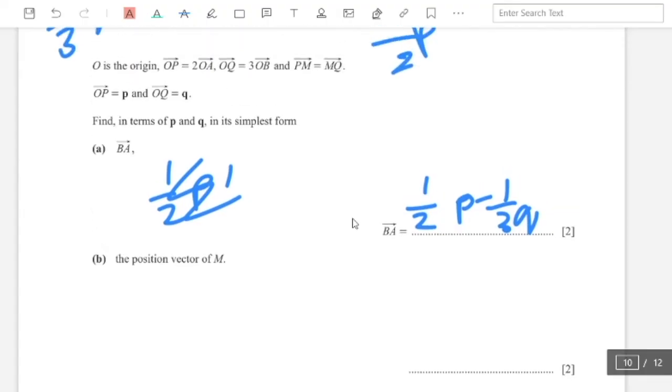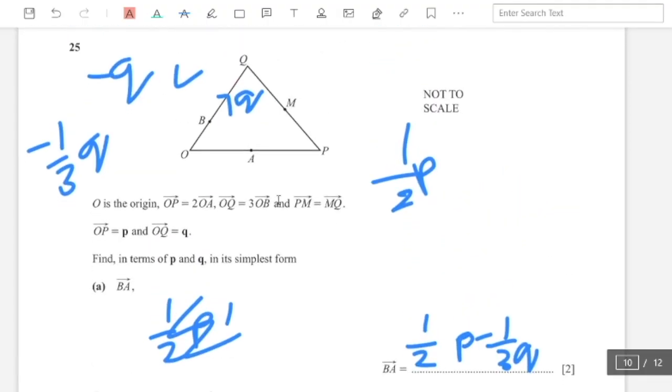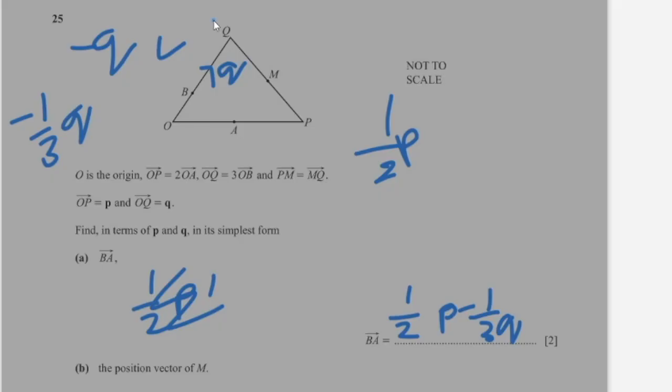B, the position vector of M. Okay, so to get to M, we go from O to P and P to M. Now PM is halfway between PQ. So first, to find PM, we need to find PQ.